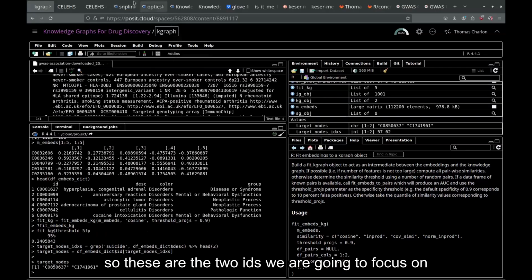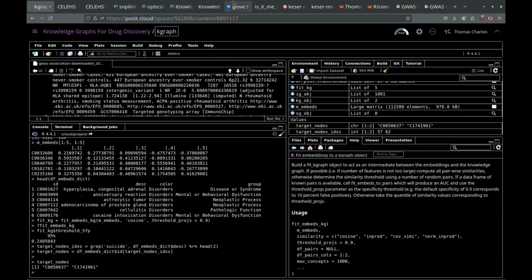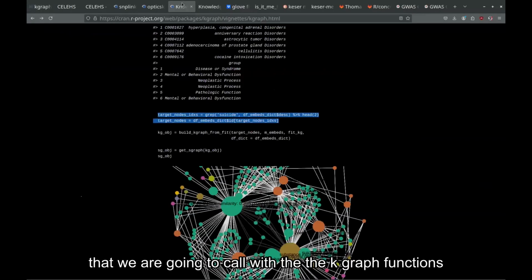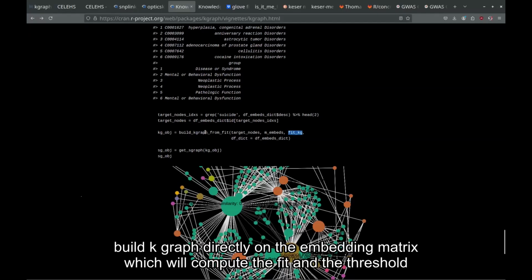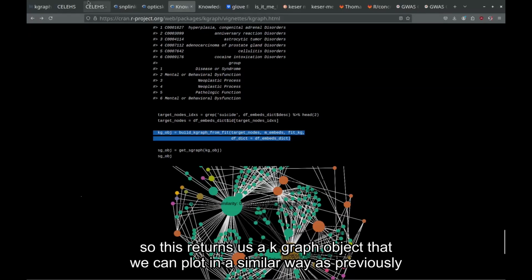So these are the two IDs we are going to focus on, that we are going to call with the kgraph functions. In this one, I call build kgraph from fit because I already computed the fit, but we can also call build kgraph directly on the embedding matrix, which will compute the fit and the threshold.